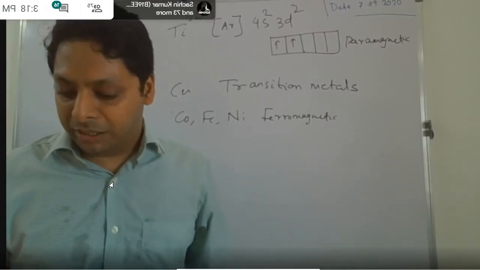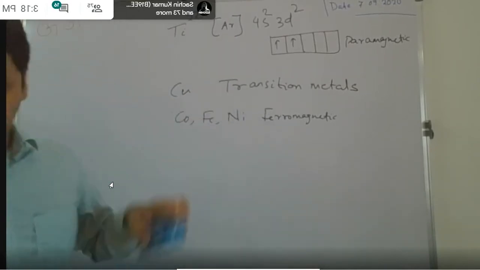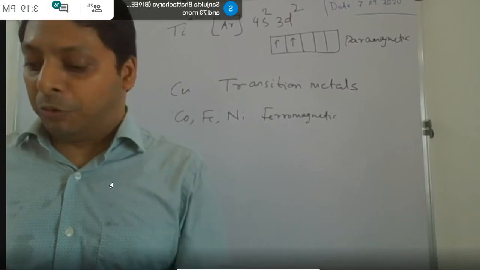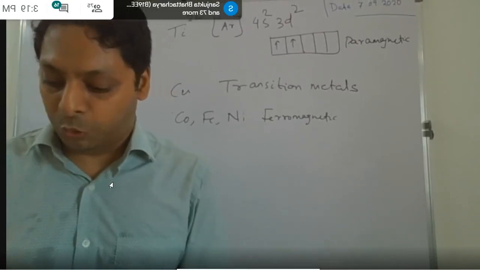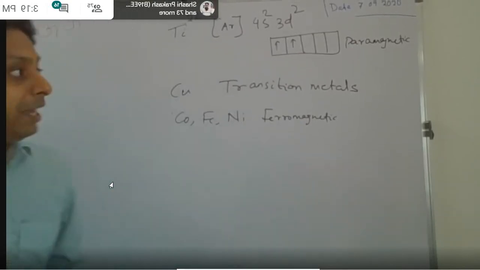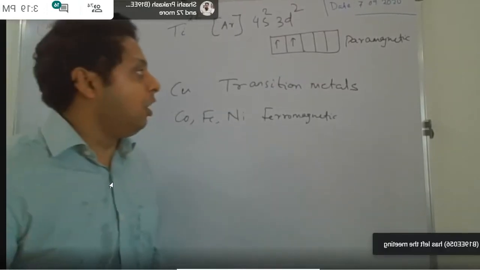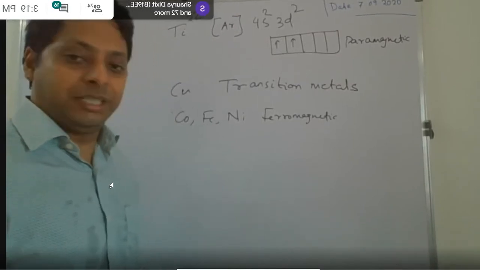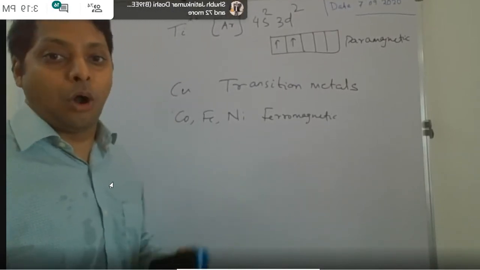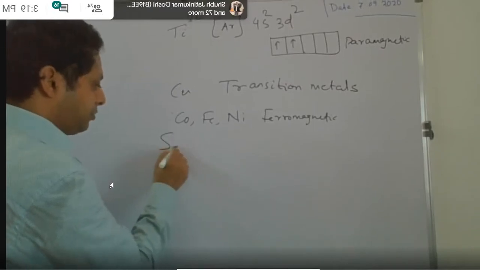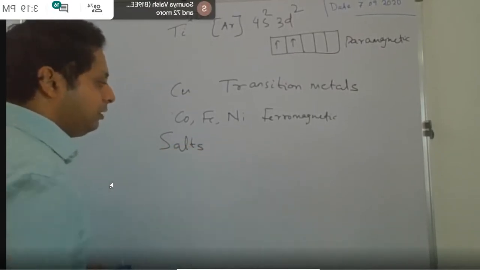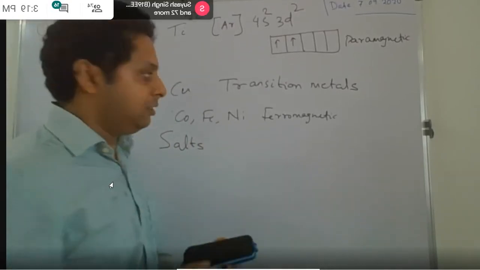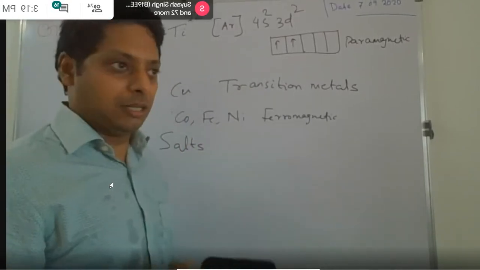So this is about atoms or molecules. But what about when we make compounds? Okay, that is more interesting. Now if you take compounds of, let's say, one of these transition metals, there are some compounds like salts, for example. In chemistry they are used quite a lot, different kinds of salts with one of the elements from the transition metal group.